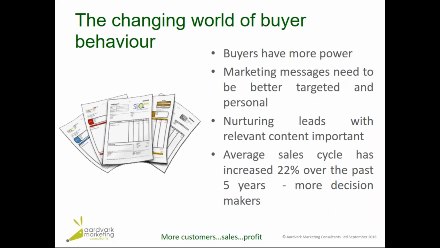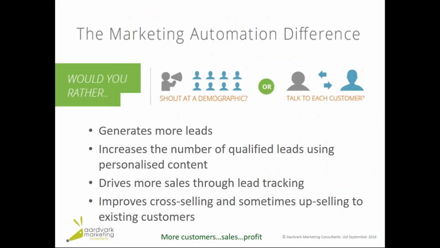It's changed over the last 5 years. We reckon it's increased by 22% in terms of the time it takes. And typically a lot more people are looking at your website and looking at you, and there are typically much more decision makers involved, which makes the selling process more complicated. And marketing automation can help you manage that complexity.